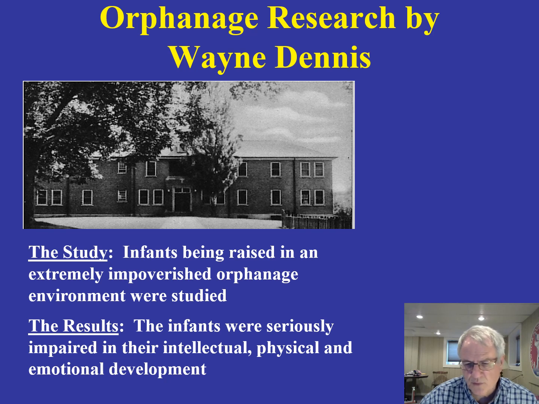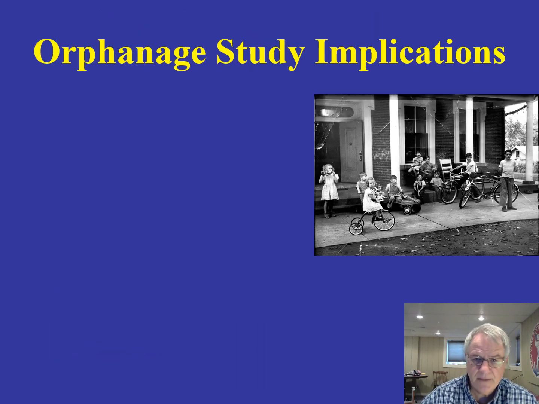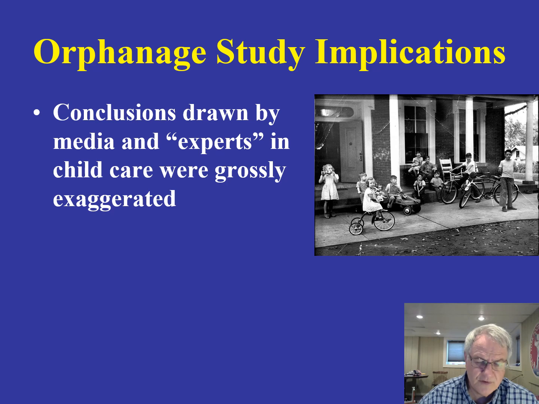So the results were ones that were very provocative and ones that, when they were reported, really attracted a great deal of attention. The implications of that orphanage study at that time were very interesting ones.